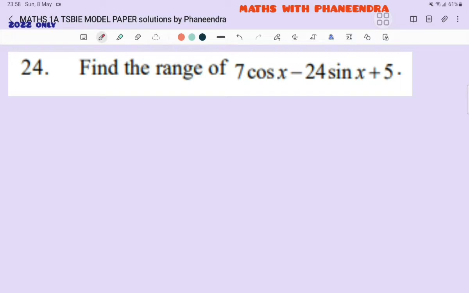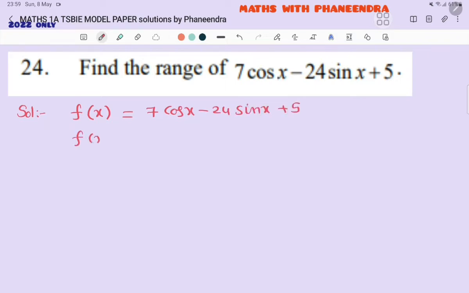Find the range of 7 cos x minus 24 sin x plus 5. So first, the given function you can take as, let f of x be equal to 7 cos x minus 24 sin x plus 5.